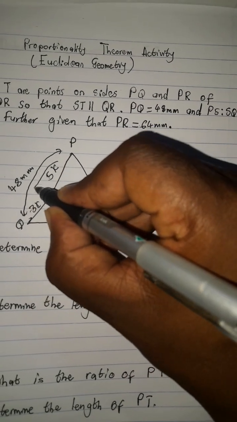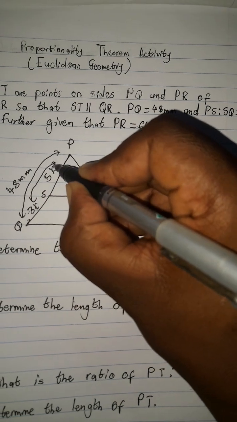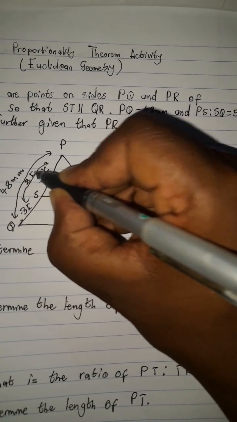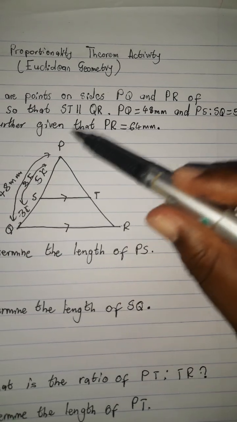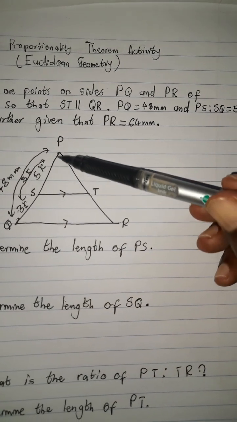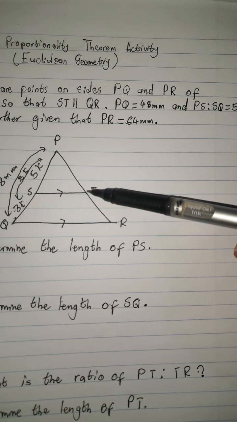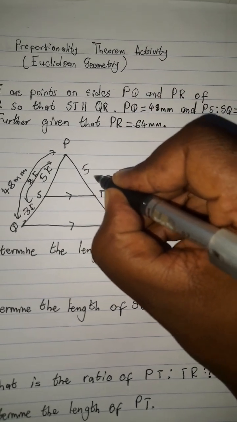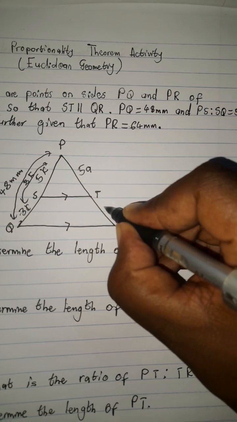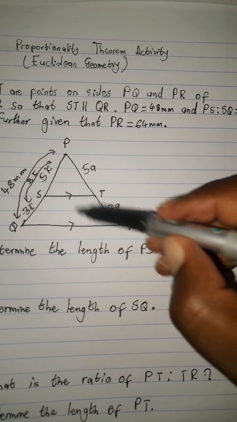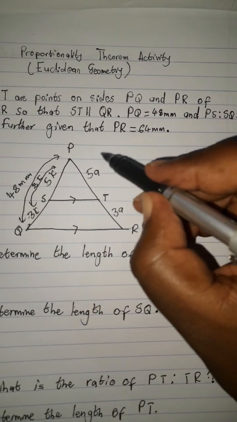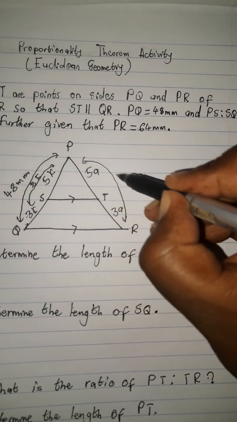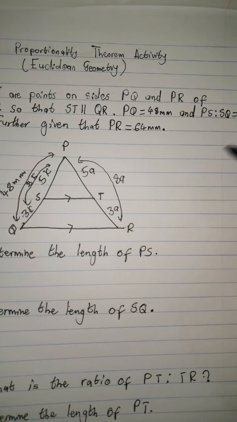All in all, the ratio of PQ, when we add 3 plus 5, is 8K. PS corresponds with PT, so the ratio is the same. Let it be 5A, and this one will be 3A, because it corresponds with SQ. Similarly, PR will be 8A in terms of the ratio.